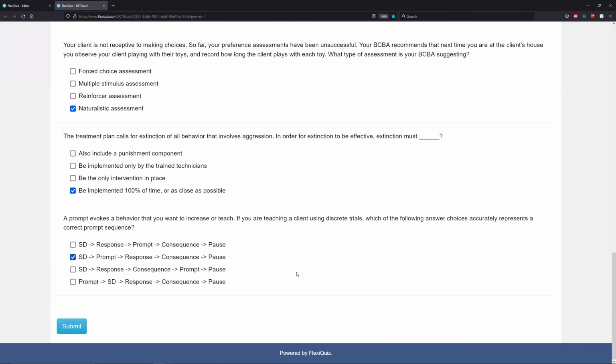Our proper sequence is I deliver the SD, I then prompt, there's a response, I deliver my consequence or my feedback, I pause, and then I deliver again. That prompt becomes the SD in our scenario, okay? If you deliver the prompt after the consequence, the response has already happened. We're not prompting anything, okay? That prompt needs to follow the SD, but come before the response to be most effective.